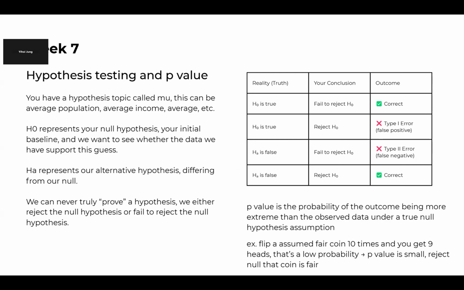An example I like to use to illustrate this is flipping a coin 10 times and getting 9 heads. That's quite a low probability of happening, so our p-value is quite small, like 0.000 something. And so we reject the null hypothesis that our coin is fair.